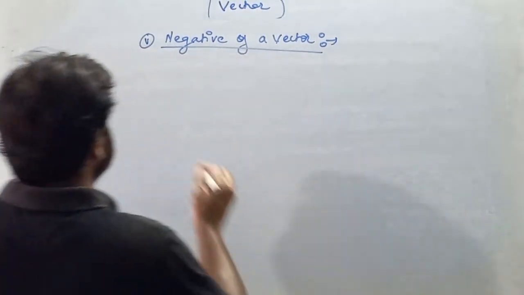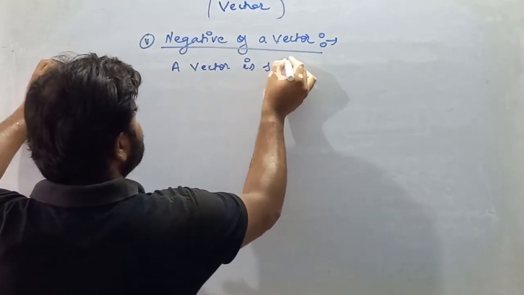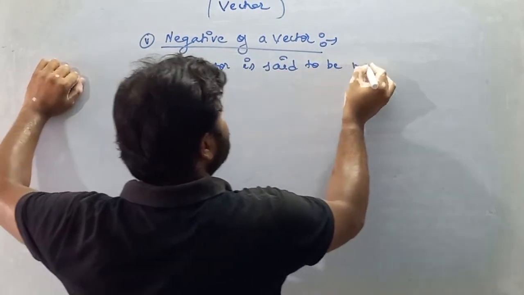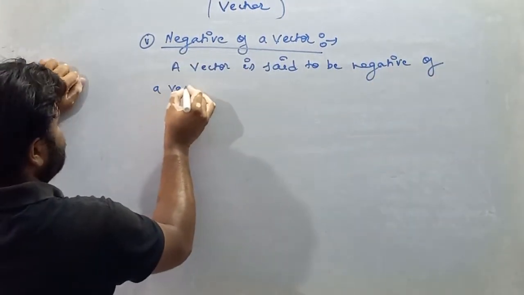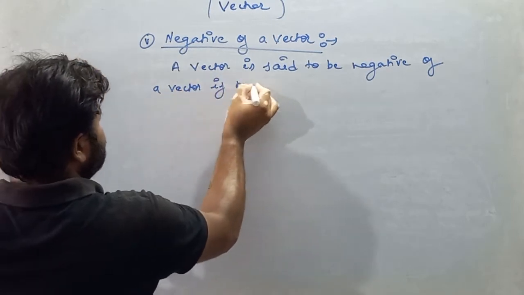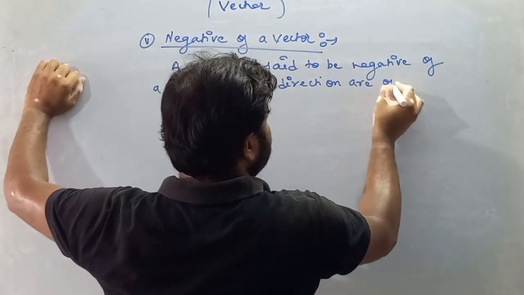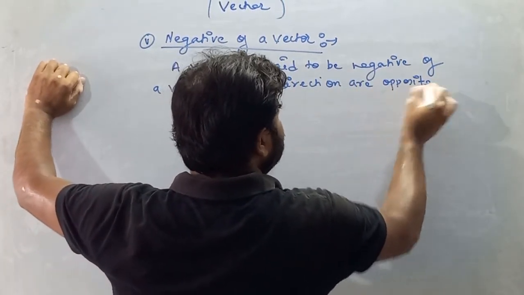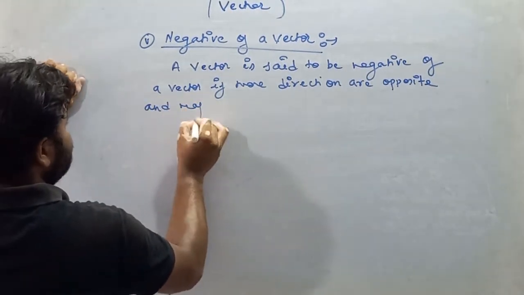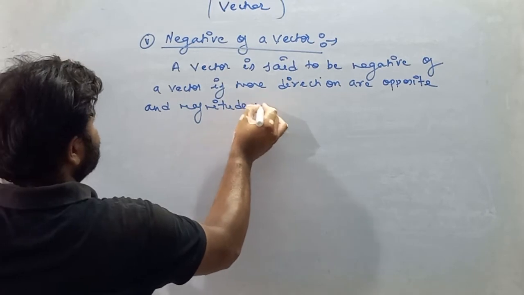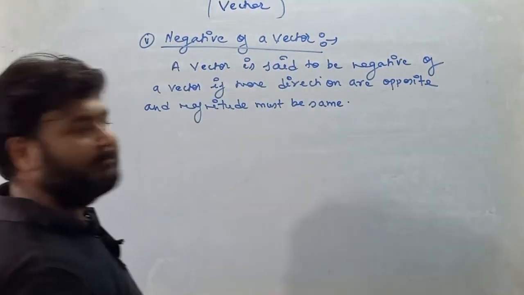So I'll write here a vector is said to be negative of a vector if their direction is opposite and magnitude must be same.